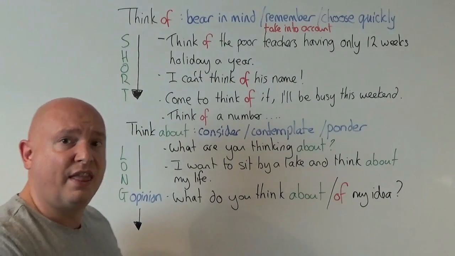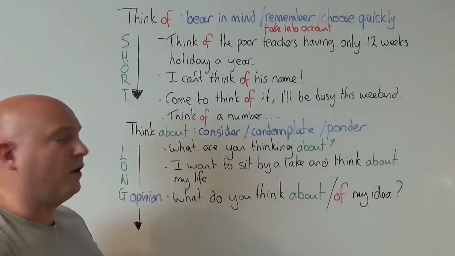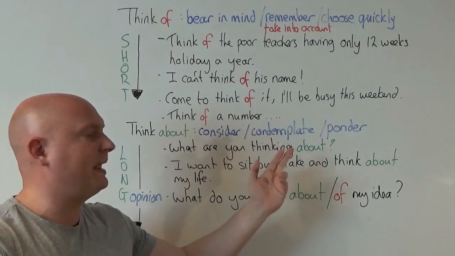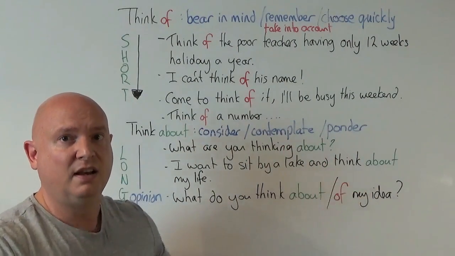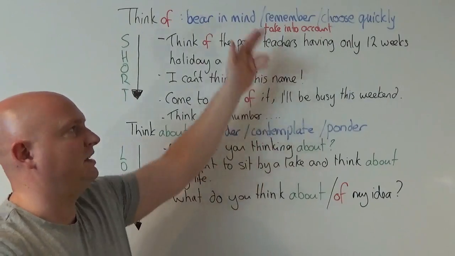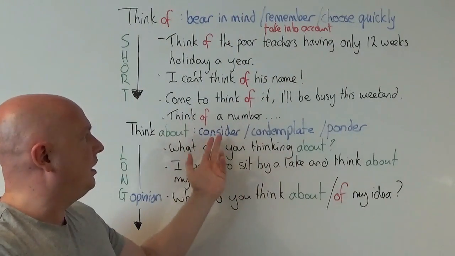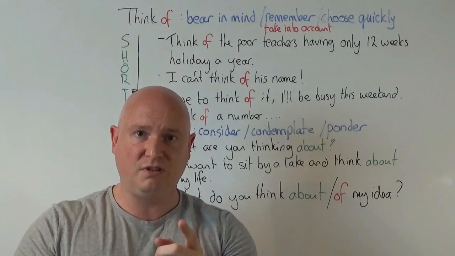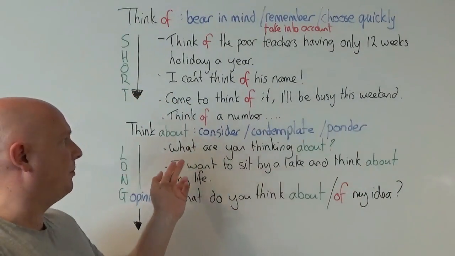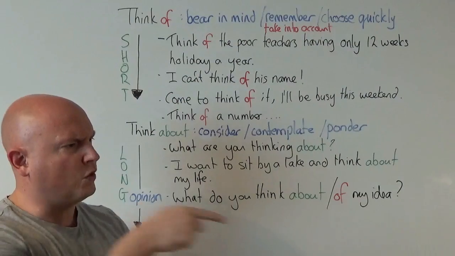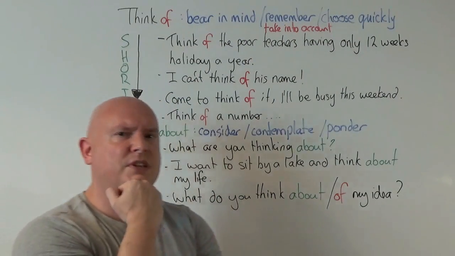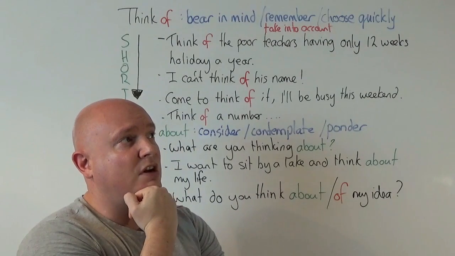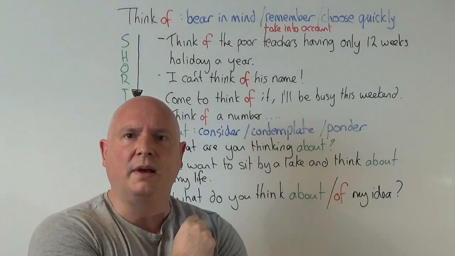Now we have think about. Think about is the informal version of consider, contemplate, ponder, also remember. Sometimes they're just synonyms. But here, the process is a lot longer. That's important to remember. For example, the famous question, what are you thinking about? So I'm sitting in the classroom, looking out of the window, and the teacher asks, what are you thinking about?